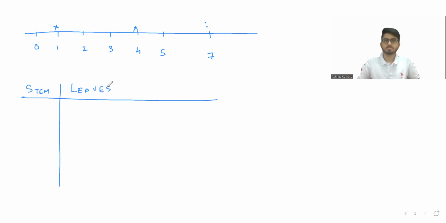From the stem only, in a plant. So now if I take the example of my data, I have data ranging from basically 1 to 20. So under stem, I will be writing down the digit in the tens place, and in leaves, I'll be writing all the data having that tens digit, in the units place. So this is how it will look like.